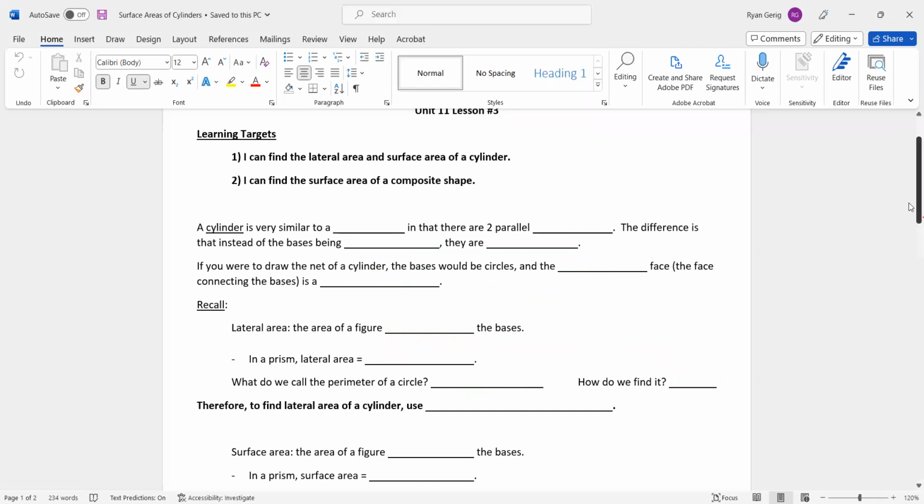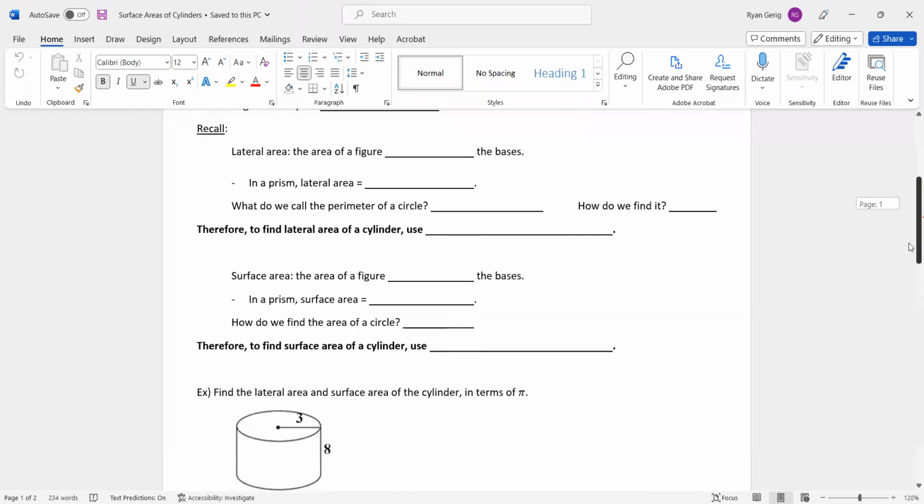I'm going to write that again. So lateral area is 2 pi r times the height. The surface area is the area of the figure with the bases. In a prism, the surface area is the perimeter of the base times the height plus 2 times the area of the base.